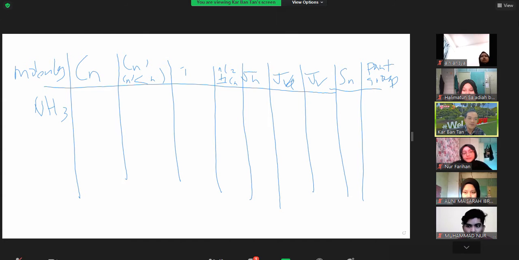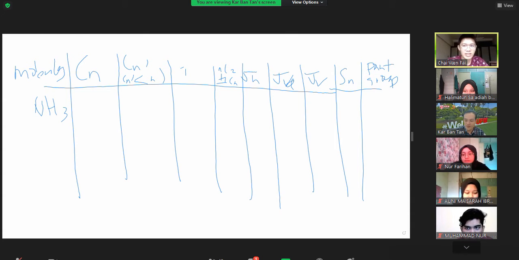Okay, so for NH3, its shape is trigonal pyramidal, because it has a lone pair here, so it's 3 bond pairs which go down like this. First we see whether it has Cn or not.